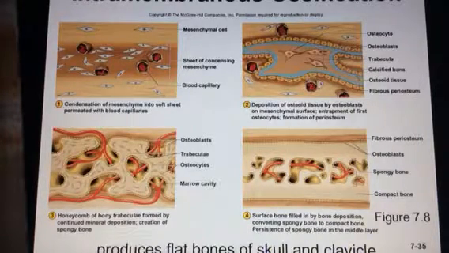Then we see the osteoblasts and the osteocytes that are trapped in there, and then finally the surface of the bone gets filled in, converting from spongy bone to compact bone, but then the spongy bone is still in that middle layer. So again, this is what we see producing flat bones of the skull and the clavicle in fetus or infants.